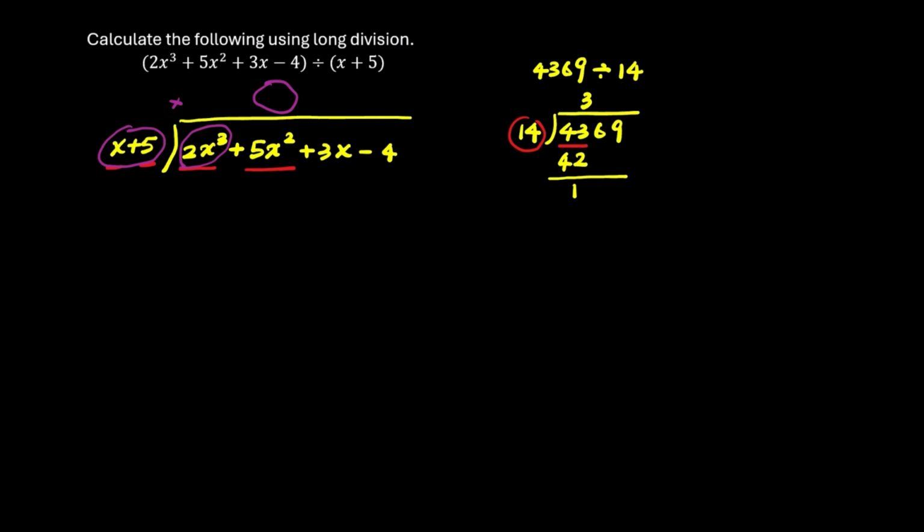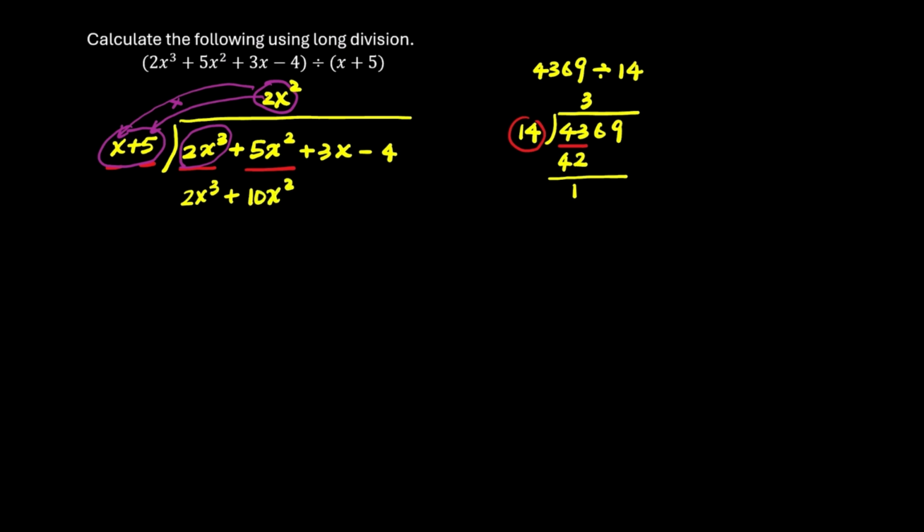It's not too tricky to see that if we multiply the x plus 5 by 2x squared, we get a term of 2x squared times x, which is 2x cubic, then plus another term, 2x squared times 5, which is 10x squared.